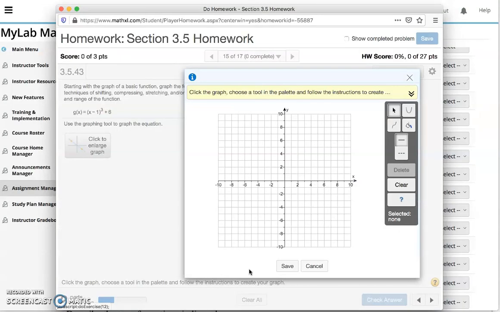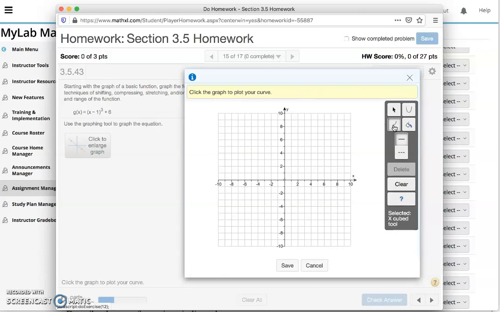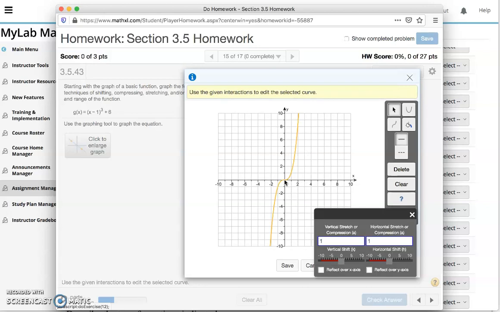Just briefly, I want to show you how to use the graphing tool in MyLabs. So if I have x minus 1 quantity cubed plus 6, we know that I need to start with an x cubed, so I'm going to go over here and pick the cube tool. And I'm going to just click at 0, 0. That puts my normal cube tool.